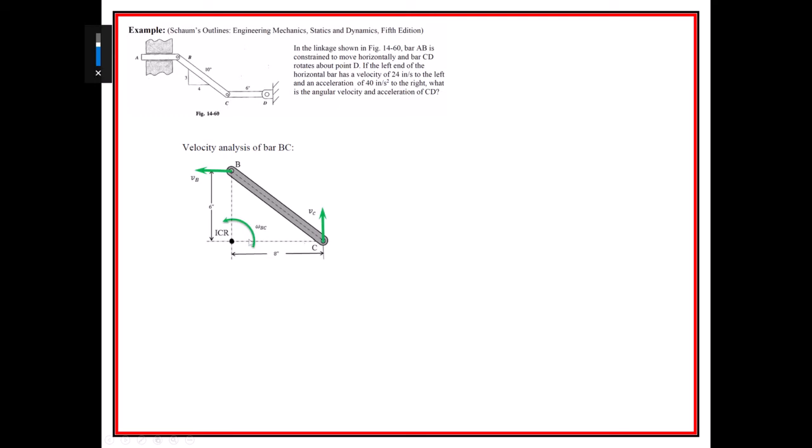Therefore, the line drawn through it goes here. We know the velocity of B, so we're able to figure out the direction of the rotation, and we discover that C is going upwards.